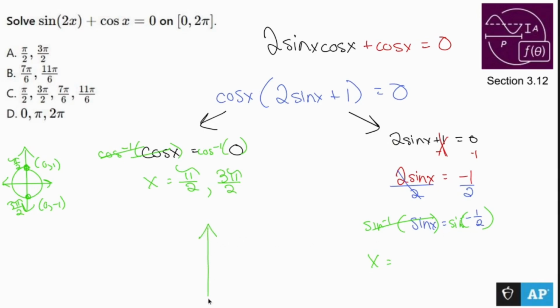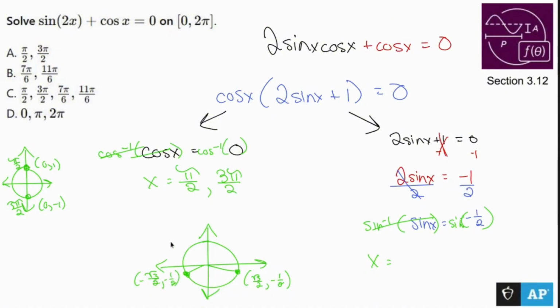So I draw myself a unit circle over here. Y is negative on the bottom, and when y is -1/2, it's going to be the angles closest to the x-axis, at the points √3/2, -1/2 and -√3/2, -1/2.